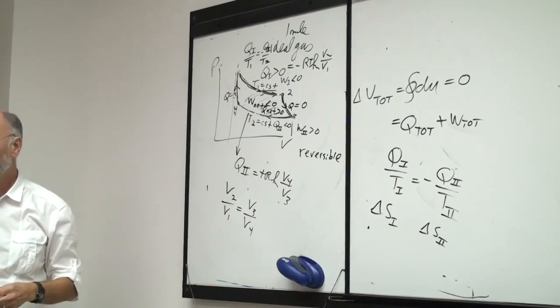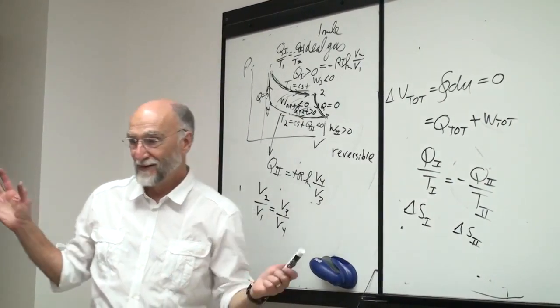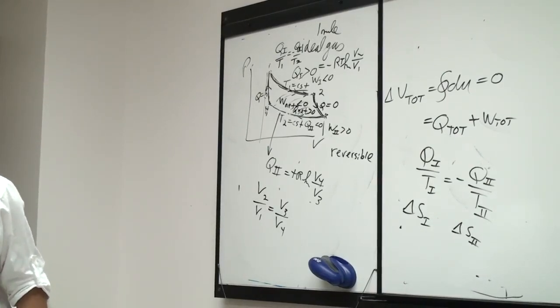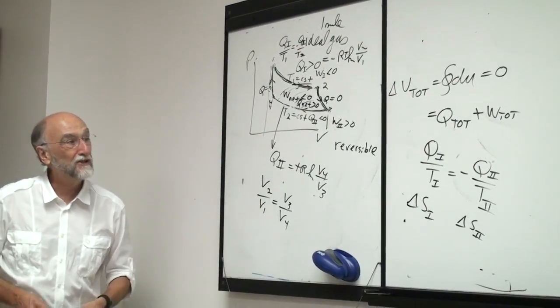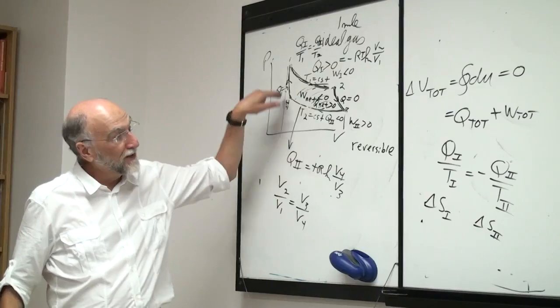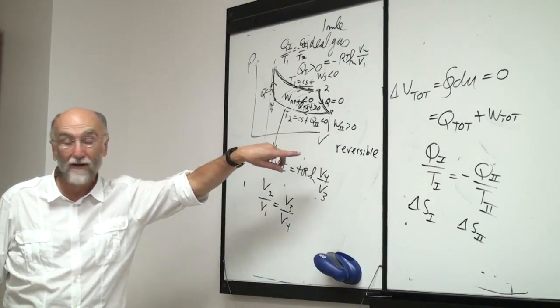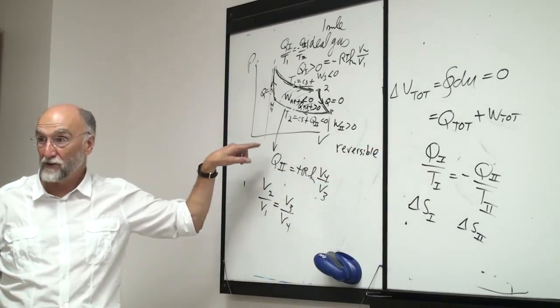This is why the whole thing is confusing when you present it this way, but I'm just trying to show you, now that I've presented it in the modern way, the reasoning that Carnot and the others went through. For an ideal gas going around a cycle, Q1 over T1 is minus Q2 over T2 if it's reversible. So if we talk about entropy as Q reversible over T, the total entropy change will be 0.